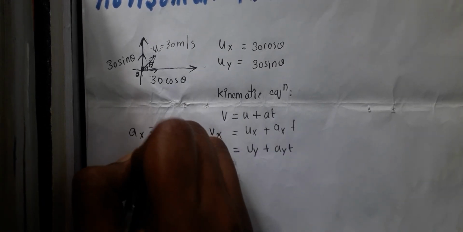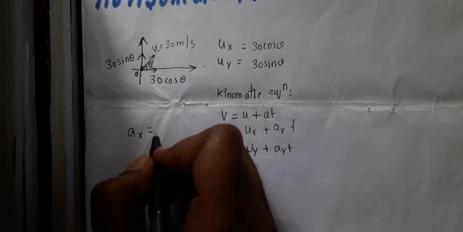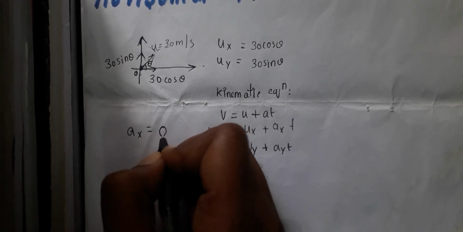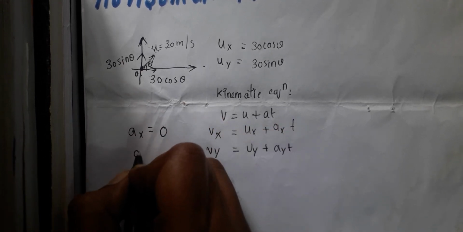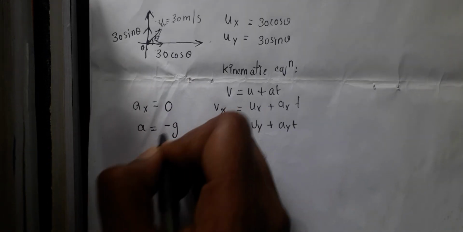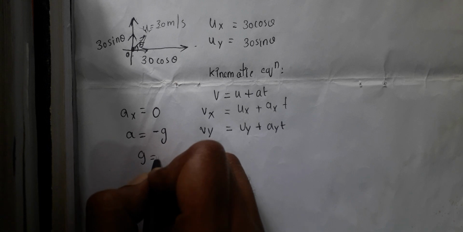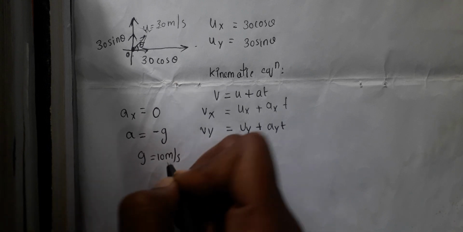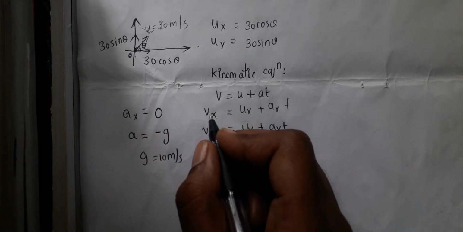The acceleration along the horizontal motion of the particle is 0, and the acceleration along the vertical component is minus g, where the value of g is 10 meters per second squared.